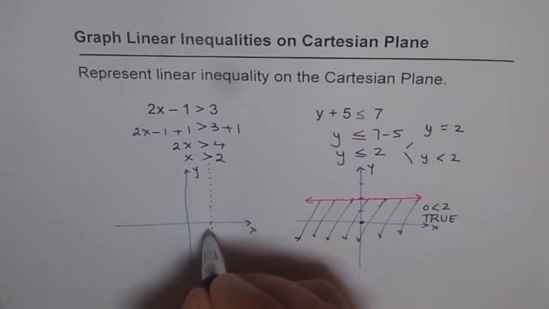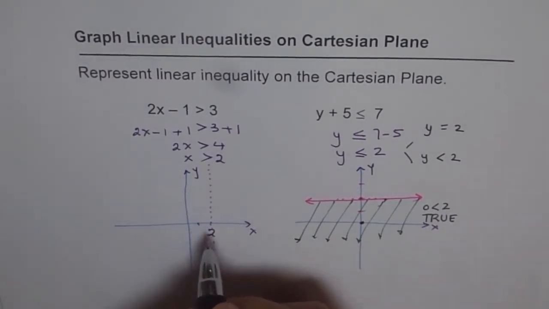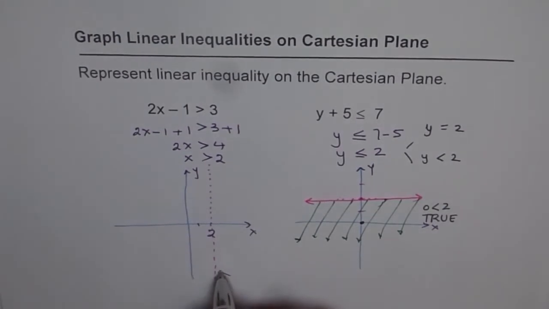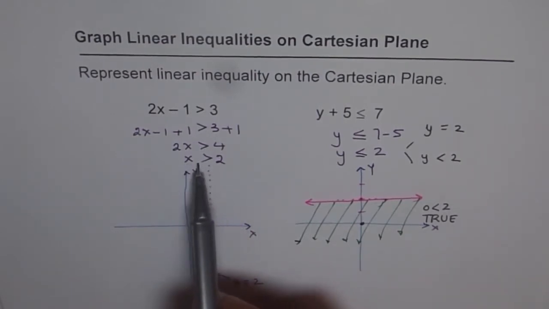This is 1, that is 2. So this line really represents x equals 2. It is not a part of our solution, but it helps to find the solution. That is why we are including it, right? And the solution is x greater than 2.